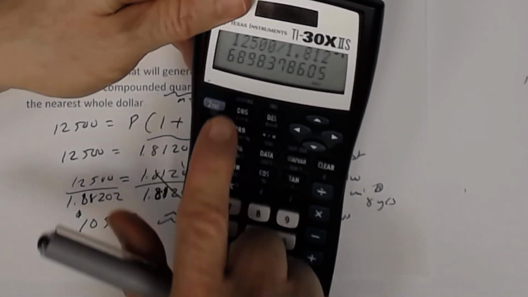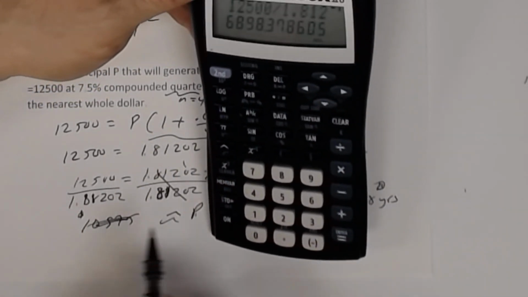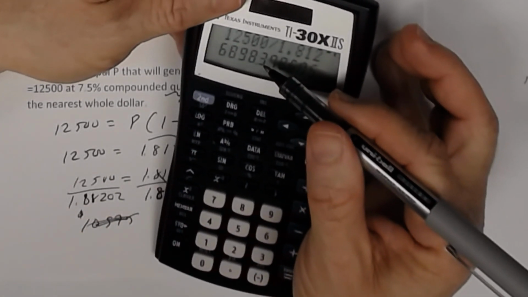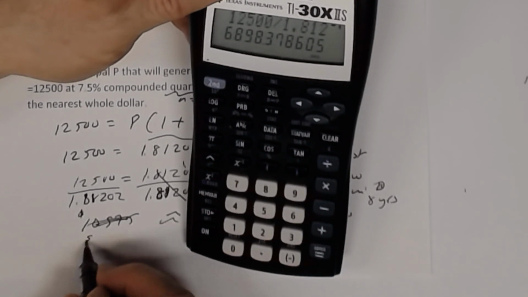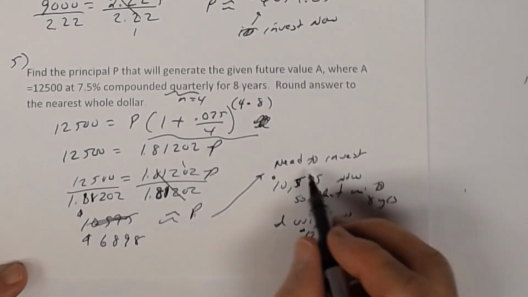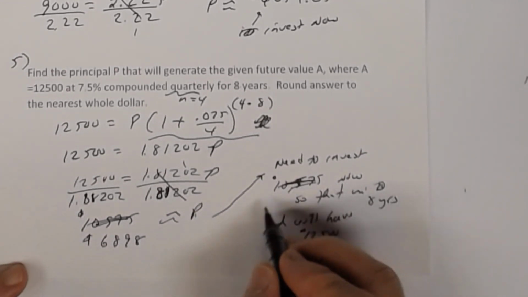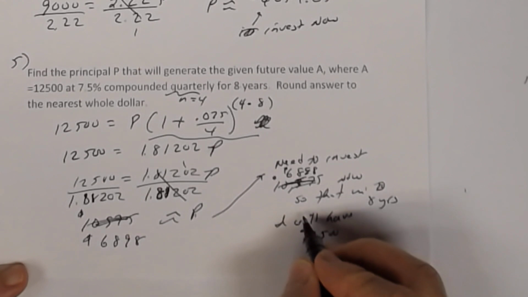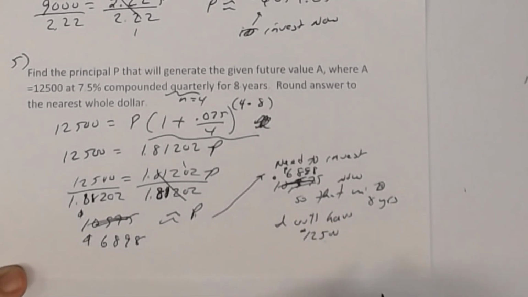Then press equal. All right, so that's incorrect right here. So that should be, okay, the tens place is 3, so that's going to stay 8. So that's going to be $6,898. So you need to invest that amount now, $6,898, so that in 8 years you'll have this amount.